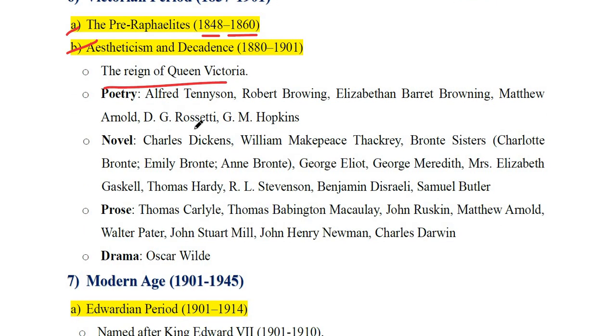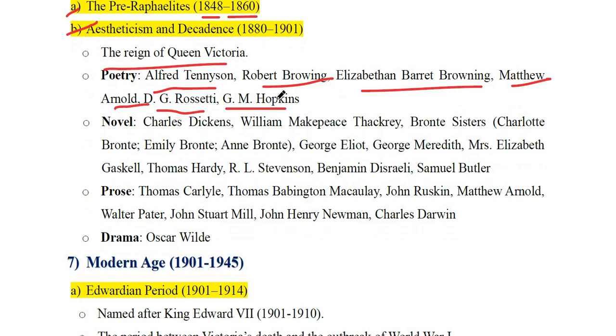So among the famous poets during the Victorian period, we have Alfred Tennyson, Robert Browning, Elizabeth Barrett Browning, Matthew Arnold, D.G. Rossetti, G.M. Hopkins. G.M. Hopkins, though he chronologically belonged to the Victorian period, his works were published in the modern period, and he is considered a modernist in experimentation in his poetry.